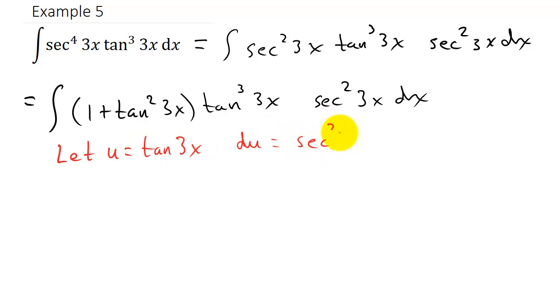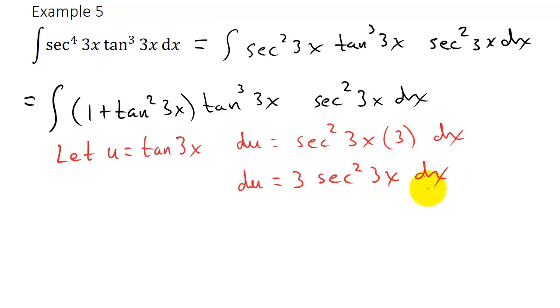That's going to be secant squared 3x, times the derivative of what I'm taking the tangent of, times 3 dx. So I get du is, I'm just going to write the 3 in front, 3 secant squared 3x dx. So the u I can put in the place of tangent, there and there. That would give me 1 plus u squared times u to the third.